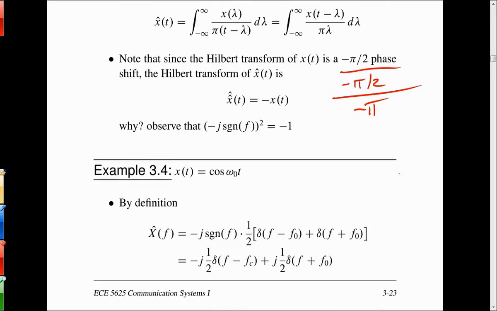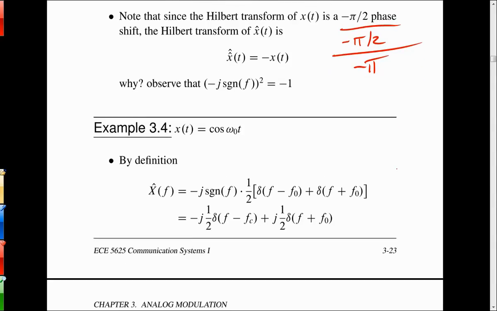Getting at some baseline signals, though, like a cosine, omega naught t, send that through the Hilbert transforming filter. Rather than doing the convolution, we'll just do it in the frequency domain. So take this guy, Fourier transform it, get its spectrum, and then pass it through the filter, the signum function, and use the definition of the SGN function, and we get a minus j and a plus j.